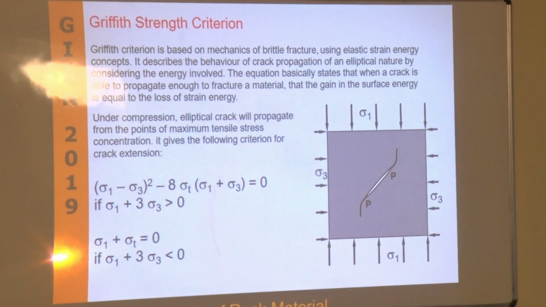So if you're interested, Barenblatt is a Russian mathematician that ended up as a professor at UC Berkeley, and in a very direct way was pointing at the mistakes in this particular criterion. Despite that, the Griffith strength criterion is still quite widely used in rock mechanics under this formulation.